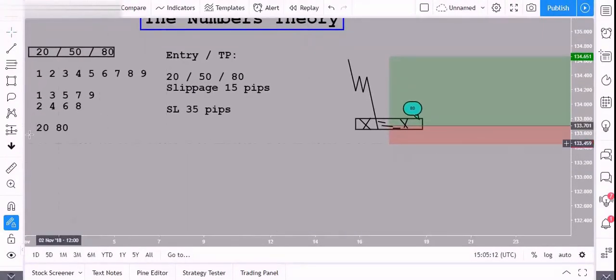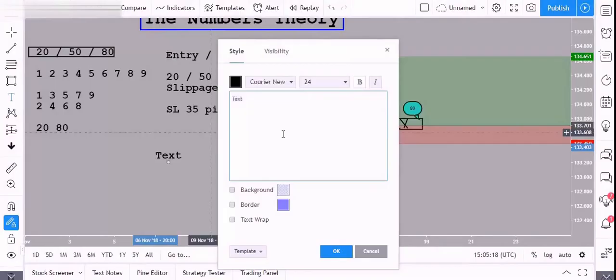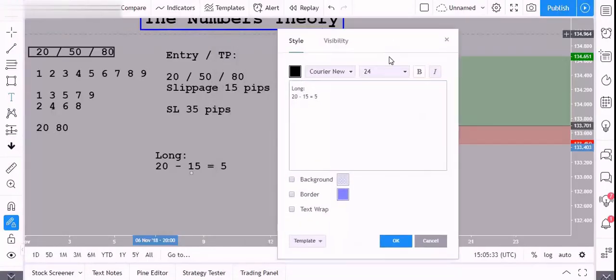Now, before I show you an example for short, let's write the calculations of long and short positions. For example, if I'm going long from the 20, I know the market can slip to the downside against me. So how many pips? 15. So the slippage number will be the 05.